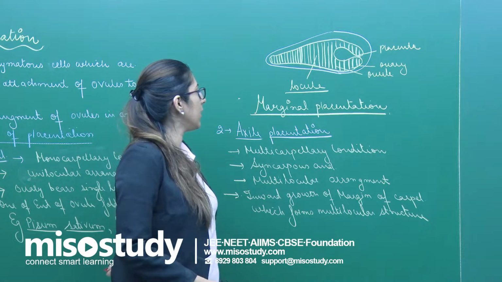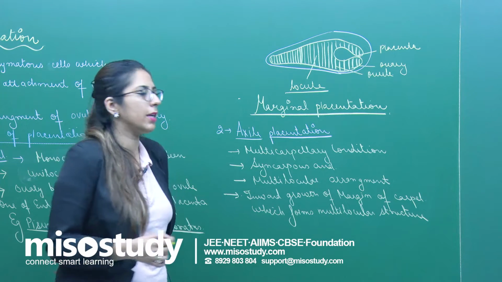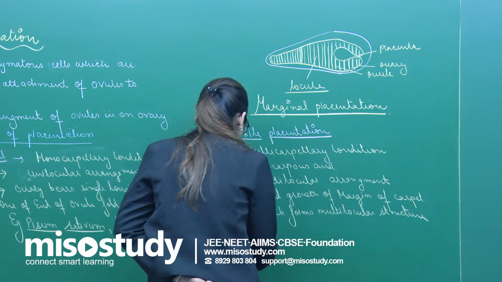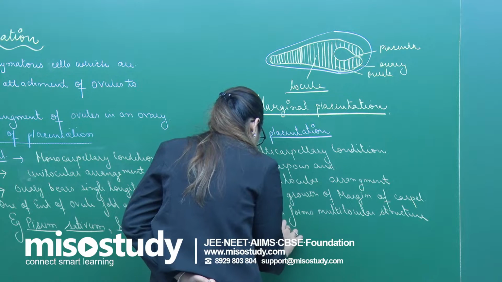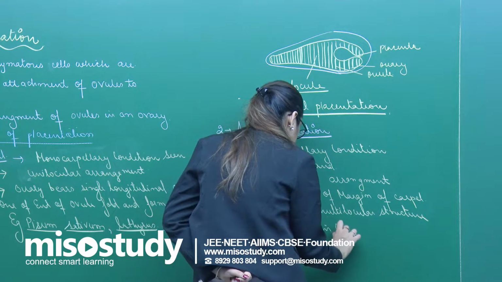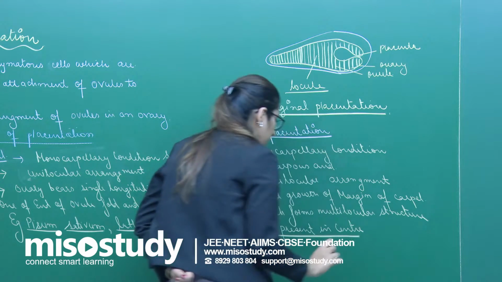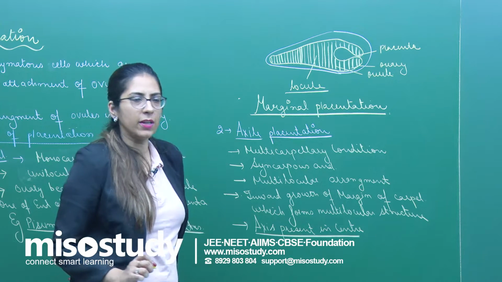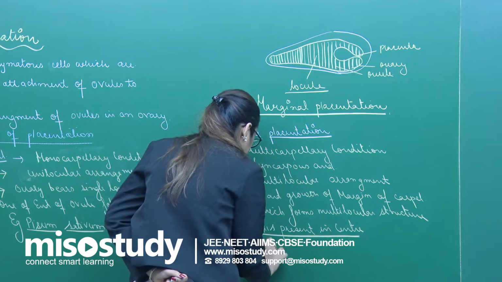As the name indicates, axile placentation, that means the axis will be present in the center. So, they have one axis present in the center, right? And in this we have an example like Citrus.